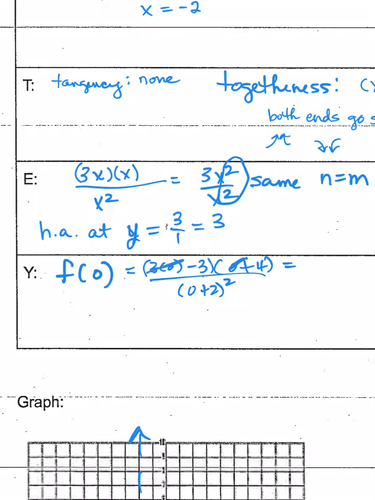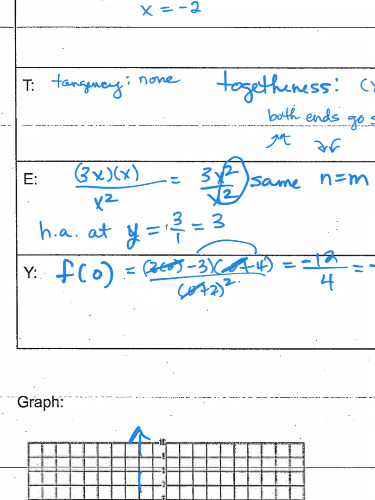So that goes away, that goes away, that goes away. In the numerator, multiplying, we get negative 12 here. And in the denominator, 2 squared is 4. So my y-intercept is what? Negative 3.